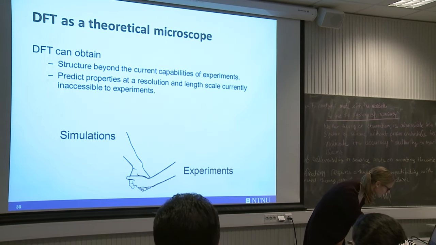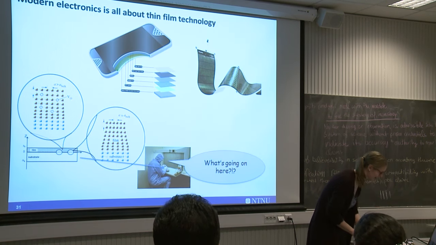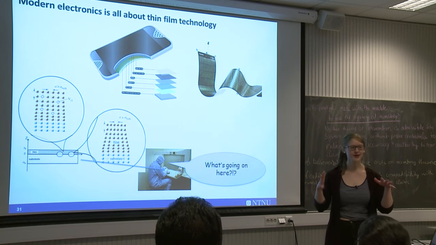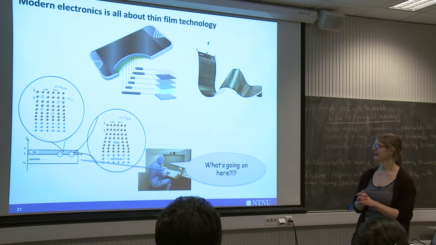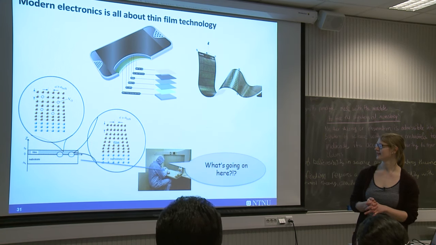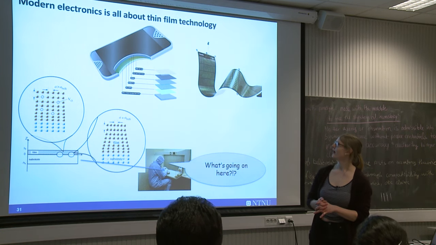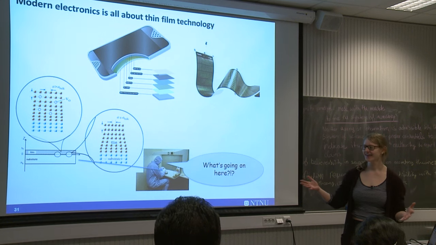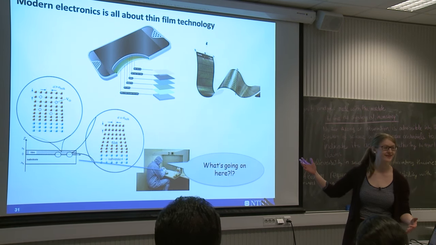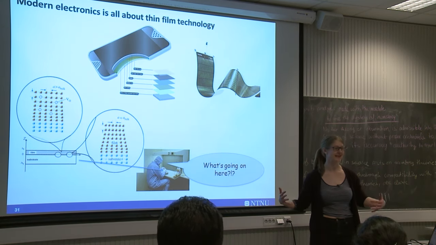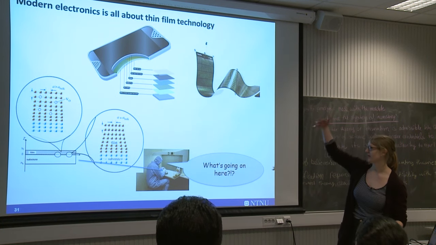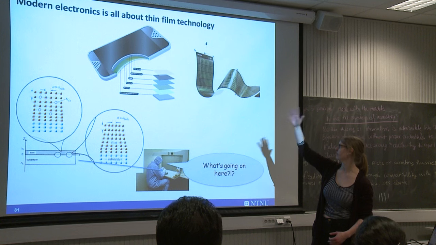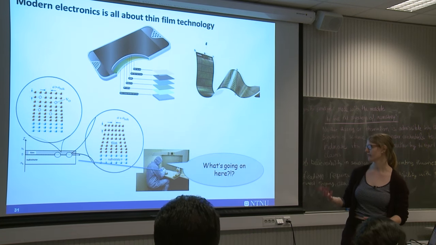I'll just give you a flavor of what I do myself. I'm in the business of thin film technology, if I flatter myself. Thin films are the big deal in terms of downscaling of electronics, in mobiles and whatever electronics.